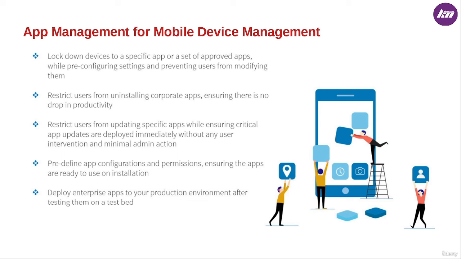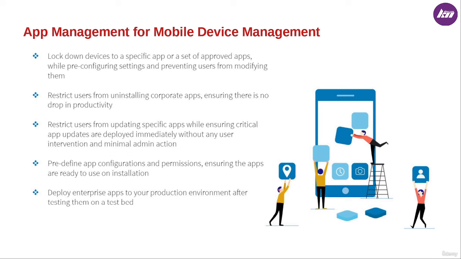You don't want that user to be playing with other apps that are going to inject malware into your system. Now, it'll restrict users from installing non-corporate apps. There is no drop in productivity. Of course, productivity relies on the phone. If you are able to download any app, you might have the employee just downloading what he doesn't need, and that could be a potential waste of time. So it also helps for that.